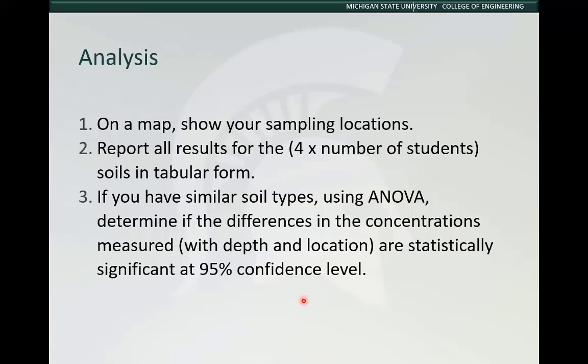If you have similar soil types, then use ANOVA to determine if the differences in the concentrations measured are statistically significant at a 95% confidence level. You can also plot the data with the confidence intervals, because if you remember, that provides us with some different information versus what we get from the ANOVA.